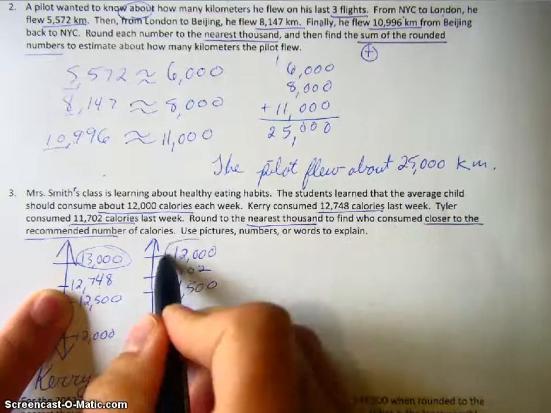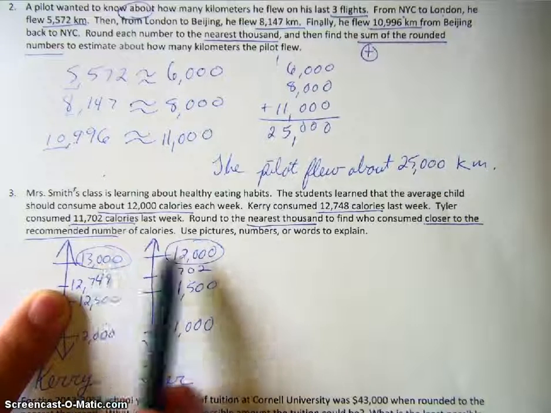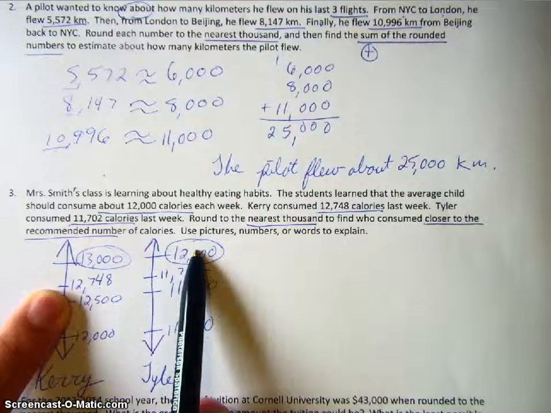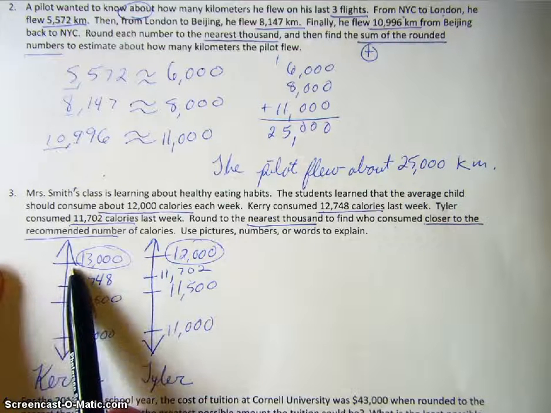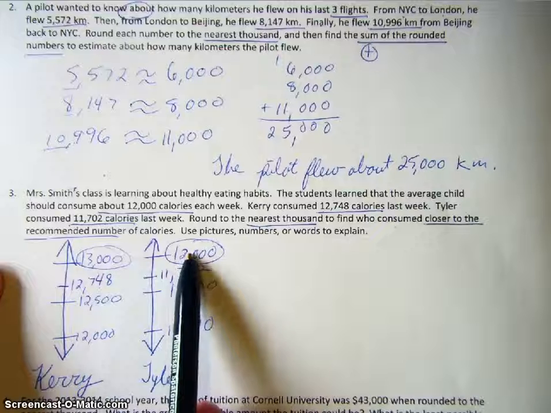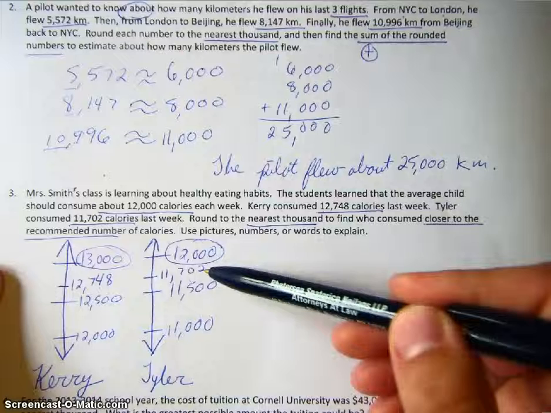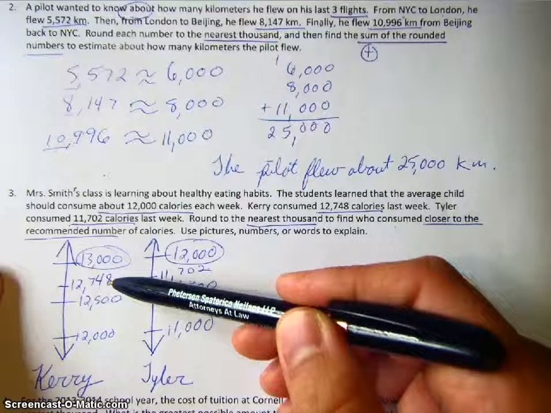Tyler is also going to round up. Now if we look at what they both round to, we can see that Tyler's number actually rounds to 12,000, whereas Carrie's rounds to 13,000. So that means Tyler actually has the closer number to 12,000. He's only about 300 away, whereas Carrie is over 700 away.